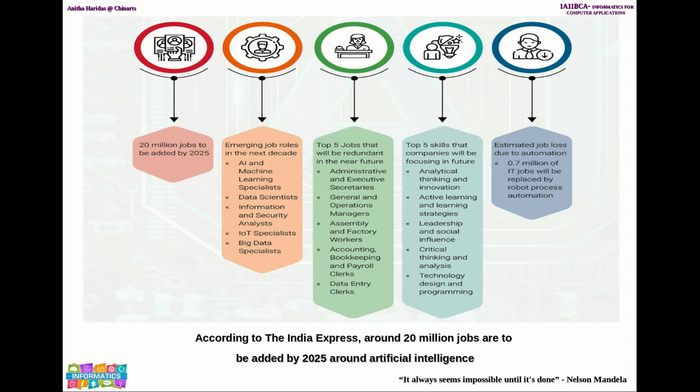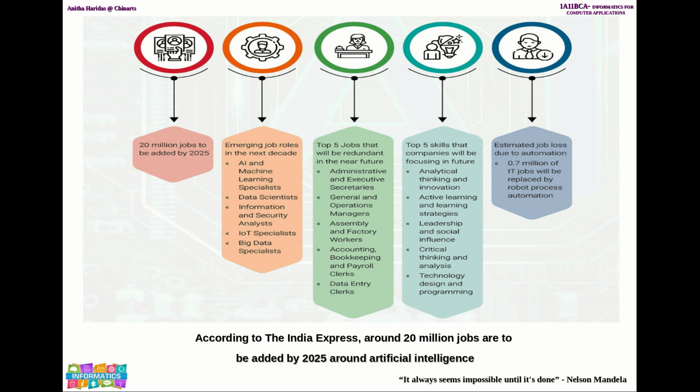According to the Indian Express, around 20 million jobs will be added by 2025 in the artificial intelligence sector. Nowadays the industry is looking for those who are capable of developing or designing algorithms in artificial intelligence, or implementing some of those algorithms.